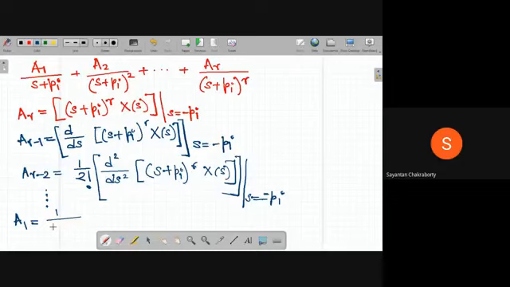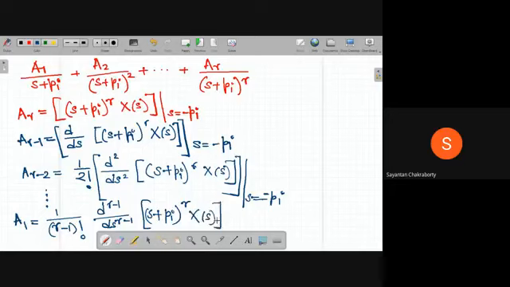a1 will be 1 by r minus 1 factorial times the r minus 1 th derivative, all calculated at s equal to minus pi. Right?